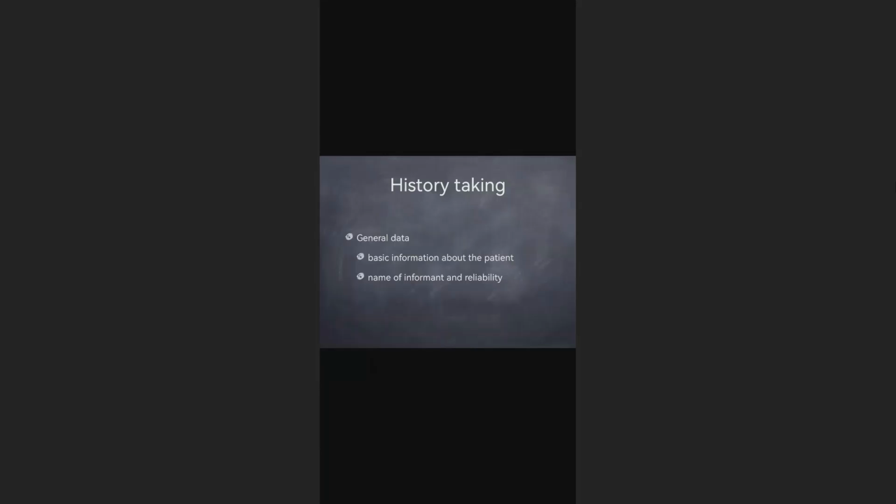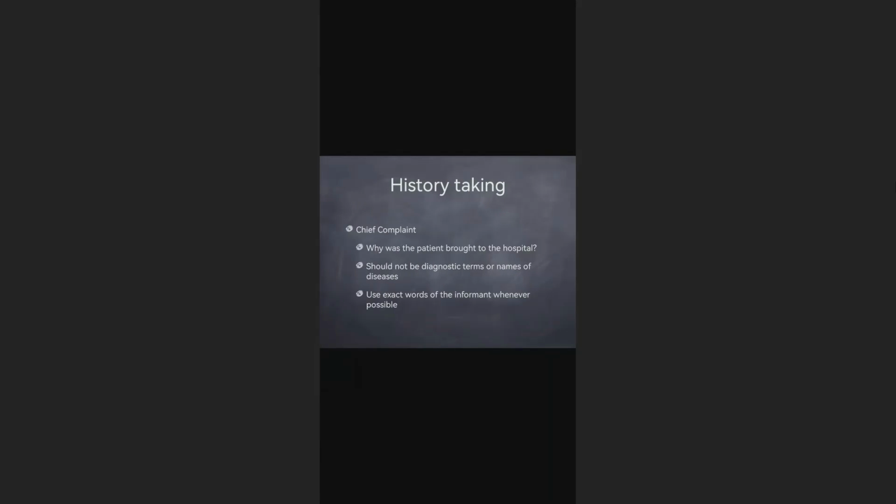The general data pertains to the basic information about the patient, the name of informant, and the reliability. In pediatrics, this is very important. Most of the time, especially if we have working parents or busy parents, sometimes the proper history is obtained from the yaya or anybody accompanying the child.